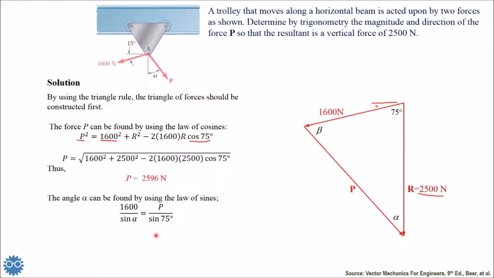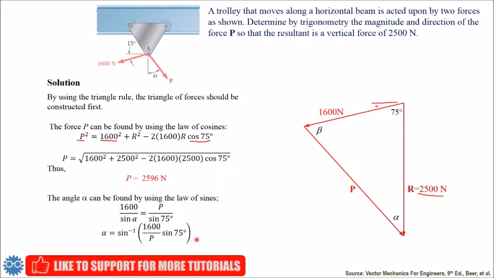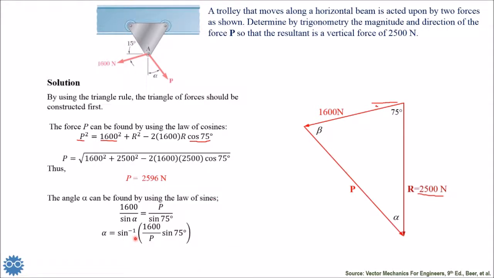So actually we can use the law of sines directly. Alpha will be equal to the arcsine, or sine inverse, of 1600 over P. P is known here, so you can use the value directly. So alpha will be 36.54 degrees. So this is the solution to this problem.